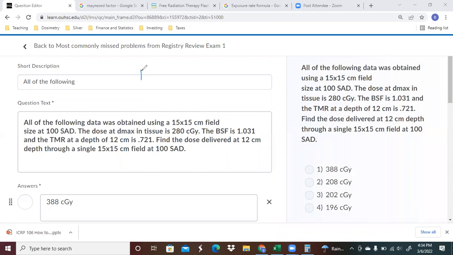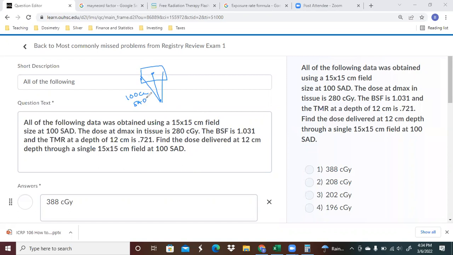Well, we've got our phantom here. We're going to be hitting a particular target, which is 12 cm deep. And our distance over to here is going to be 100 cm SAD.